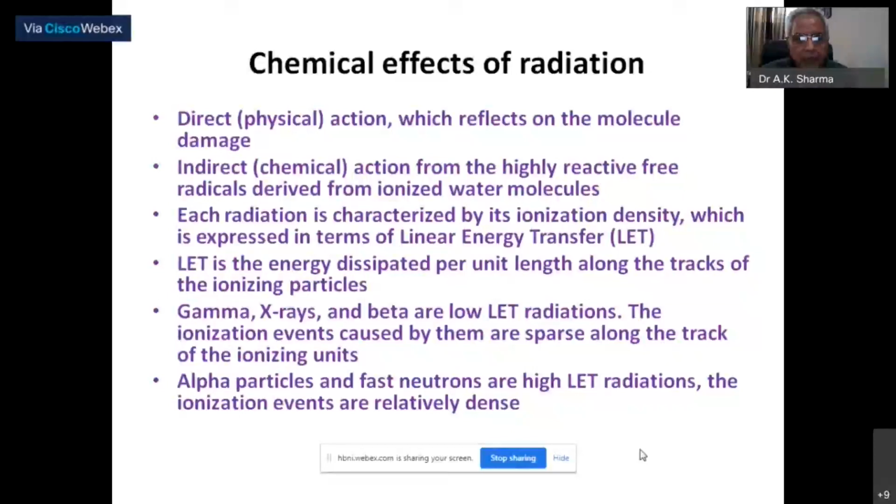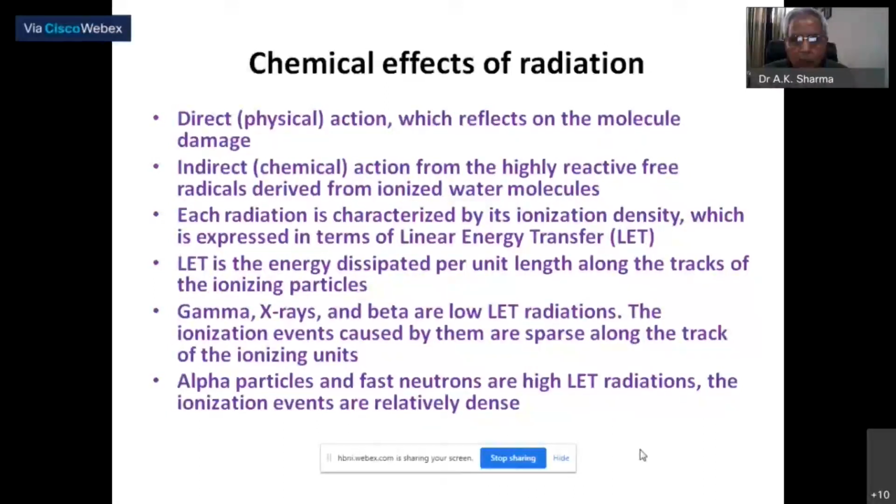Now, gamma, X rays, and beta are low LET radiations. Normally, these are wave kind of radiation which have low LET, whereas the heavier particulate radiations have high LET.